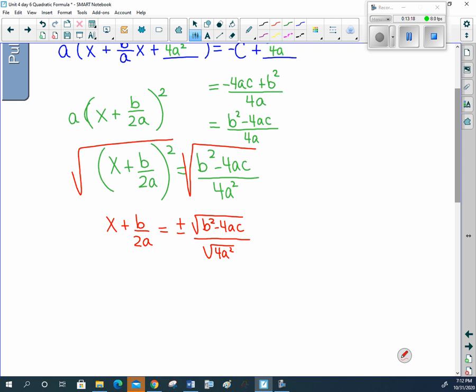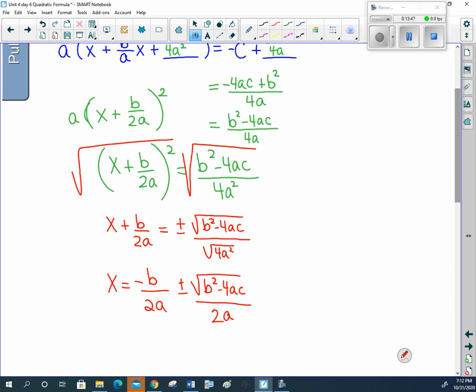All right. I'm going to move the opposite of b over 2a to the other side. I hope somebody's recognizing the opposite of b over 2a as some important formula that we knew about earlier in the chapter. And then we're going to have the square root of b squared minus 4ac. But then in the denominator, the square root of 4 is 2, and the square root of a squared is a, so that's what I have.